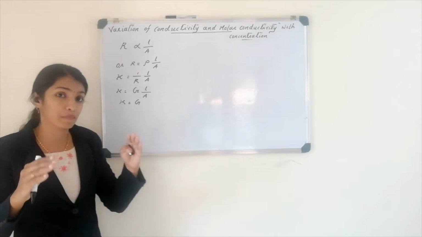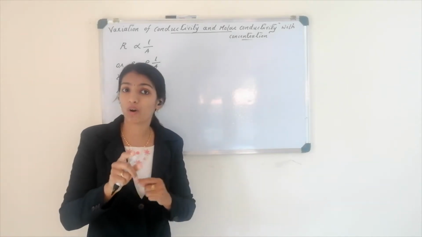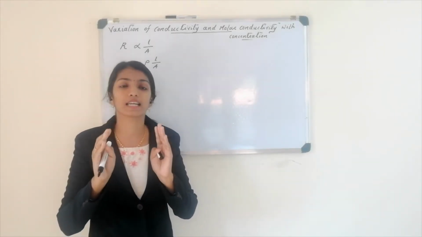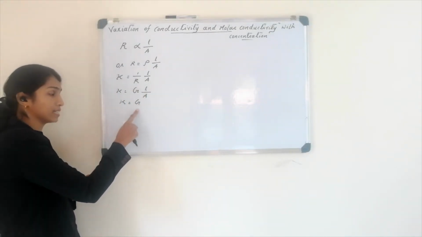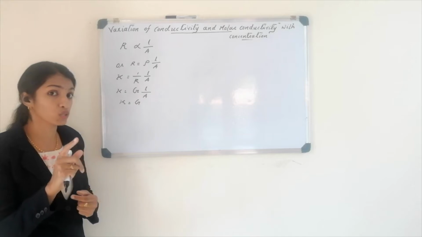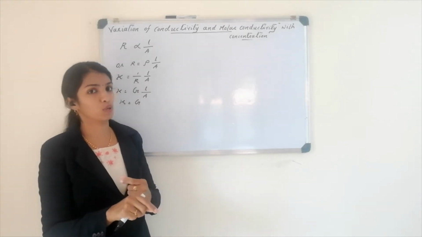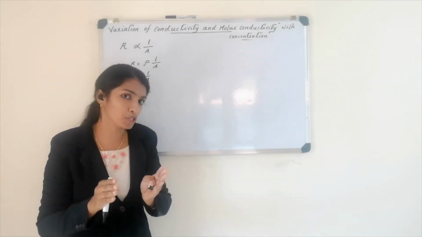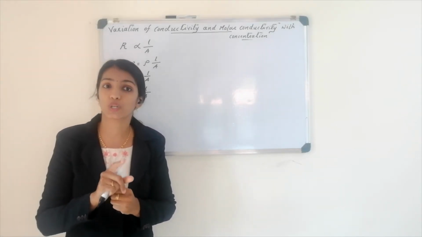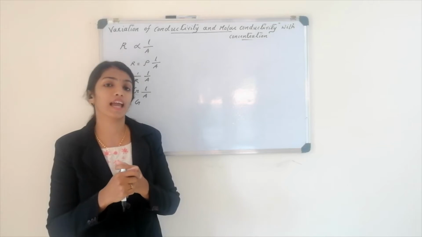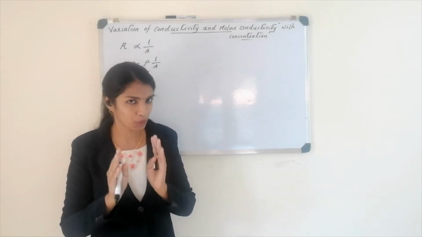So conductivity of an electrolyte is the conductance of unit volume of a solution kept between two platinum electrodes separated by a distance unity and the area of cross section is also unity.